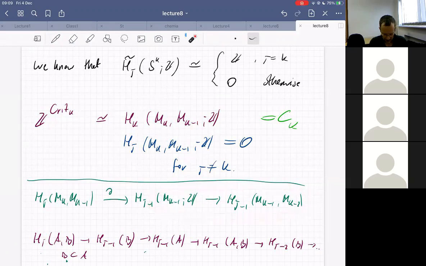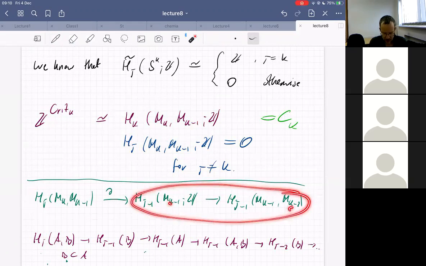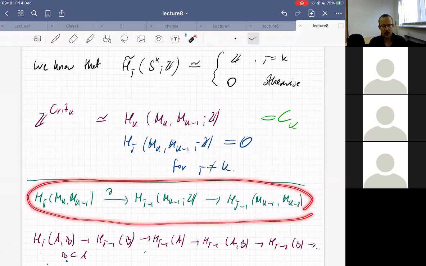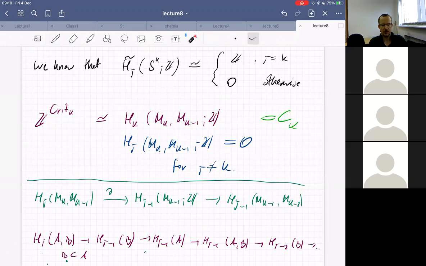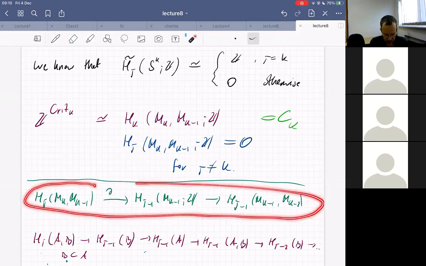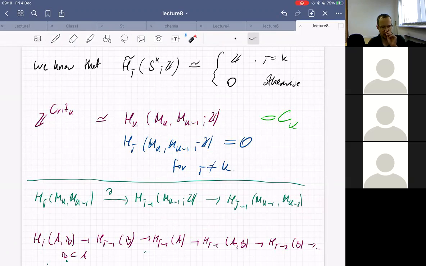This is one exact sequence, this is another long exact sequence, for the pair MK minus 1, MK minus 2. That's why the composite of these maps is not 0. So we define the map, and then we will argue that this map is precisely the Morse chain complex.